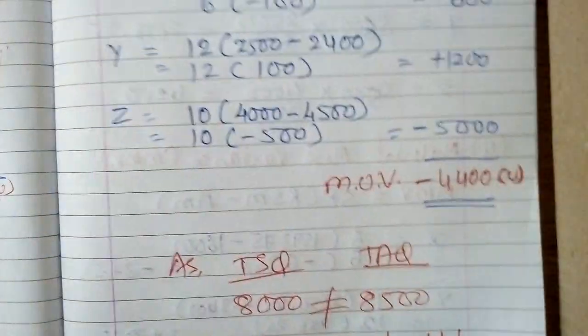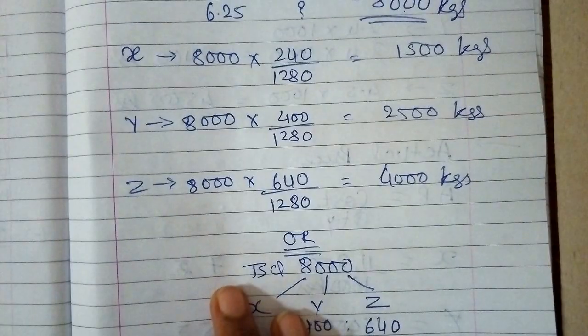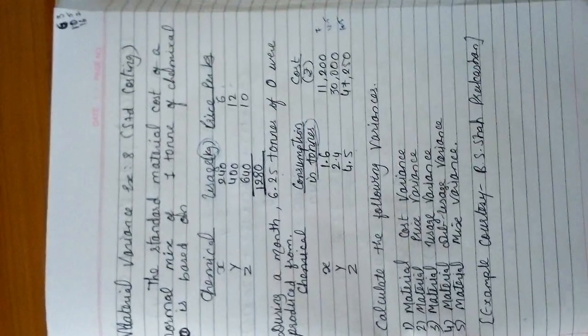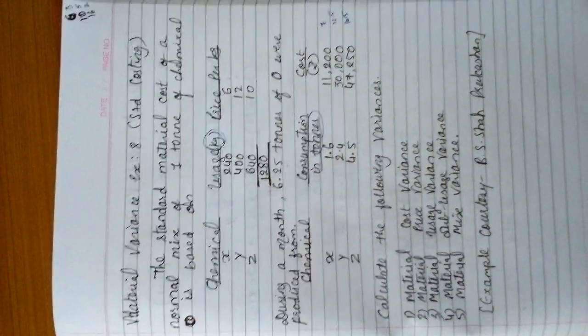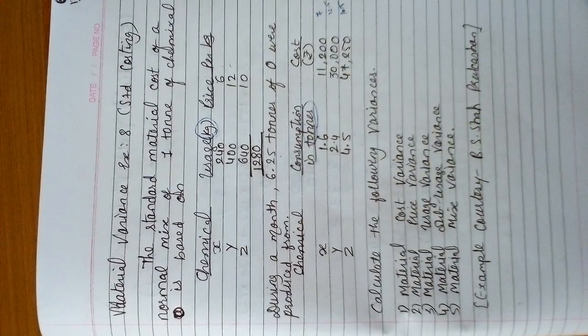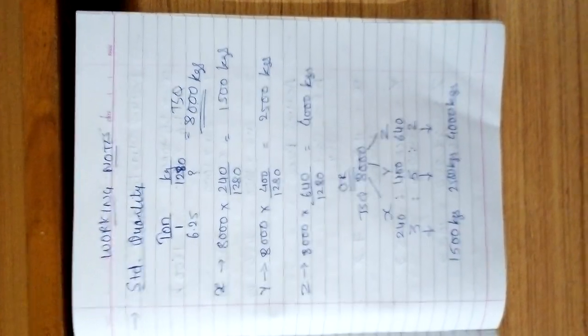So now let me just show you the whole example calculation once again, right? Starting with the question once again. Okay, so if you want to have a screenshot, you can. This is your question. Example courtesy B.S. Shah Prakashan. Then we have calculated the working notes starting with the standard quantity.